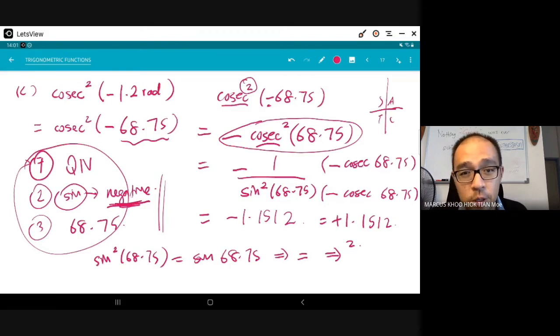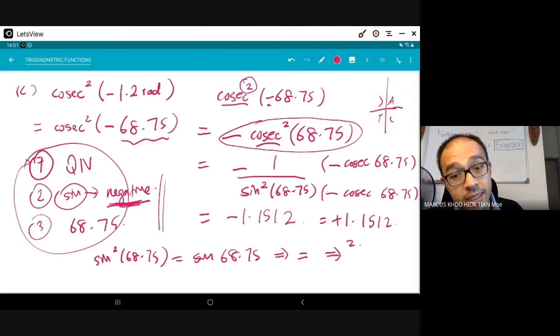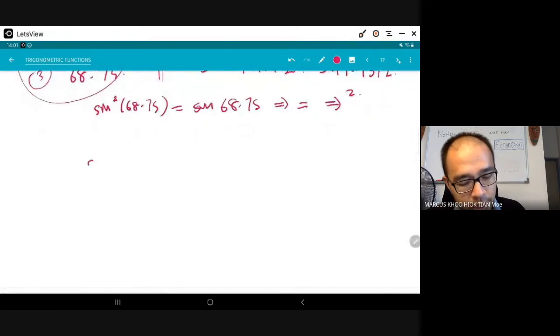Okay, but for those of you who are still wondering how to press that, you have to press sine 68.75. Once you get the value, only then do you square it. Some people teach it like this: sine squared 68.75 is not equal to sine of 68.75 squared as an angle.